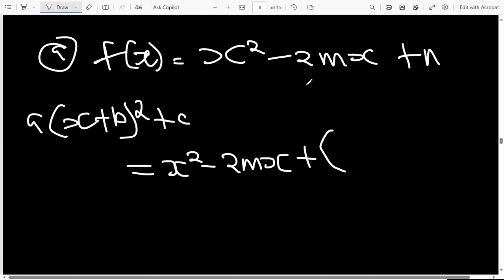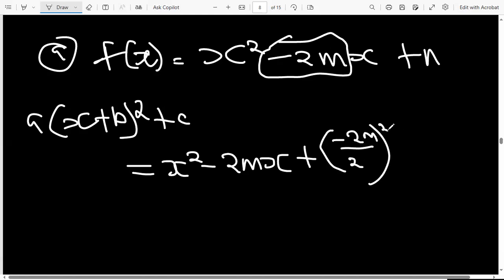In these brackets, we put half of the coefficient of x, and then you square it. So you get the coefficient of x divided by 2 and then you square it. What is the coefficient of x in this case? It is this minus 2m. So we say minus 2m divided by 2, all squared. Remember, we're creating a special zero.